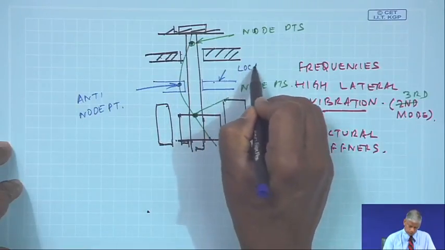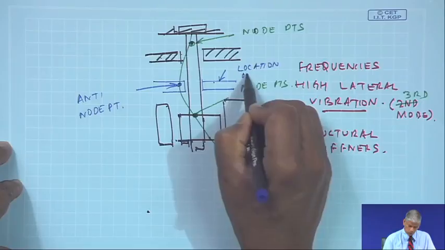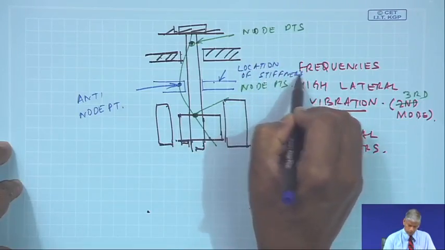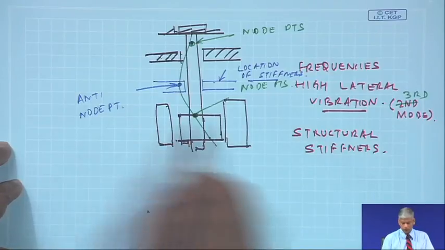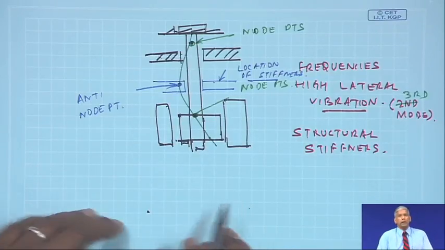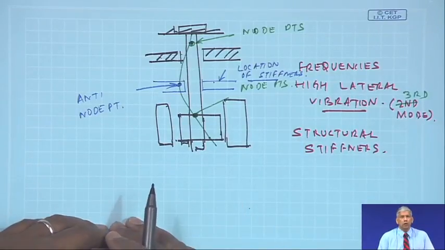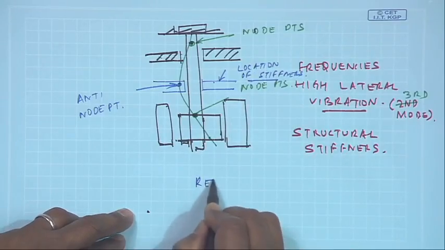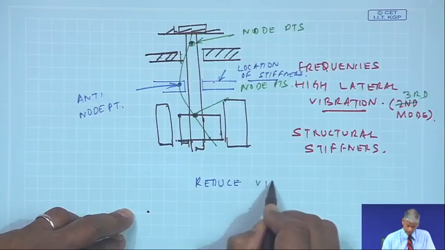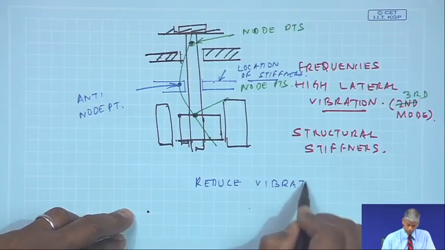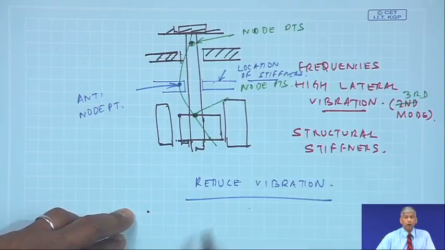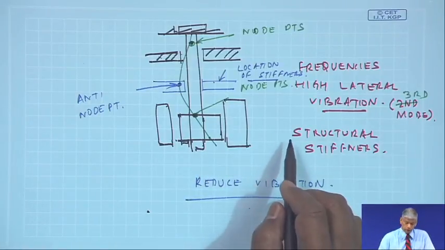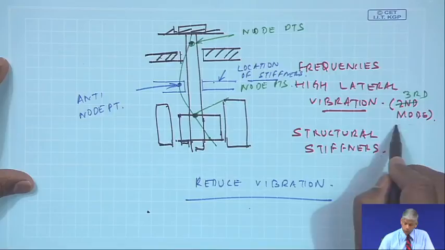So, the location of stiffeners will arrest the lateral movement. Mode shapes practically help us locate the stiffeners to reduce vibrations. Well, in the first place, we need to find out methods to reduce the vibrations, so that we never operate at the modes.